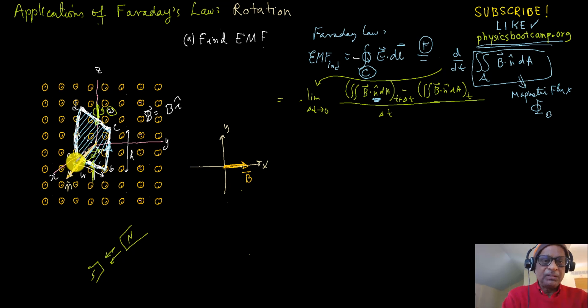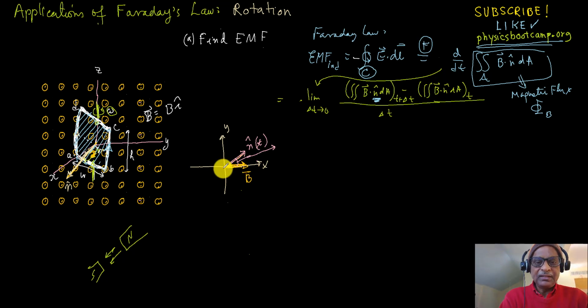The normal, the way I have drawn it out, is just in that direction. So that phi in the original diagram is not correct. So this is the direction of the normal at time t, because when it rotates, the normal will point in a slightly different direction.